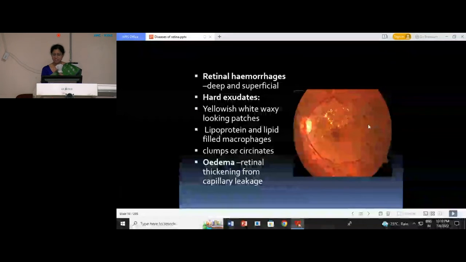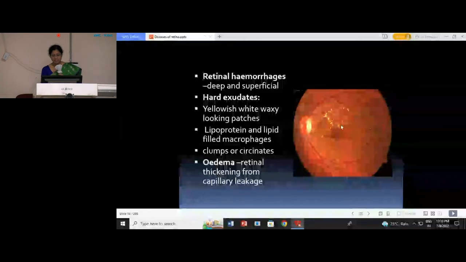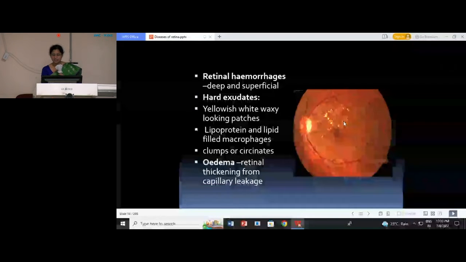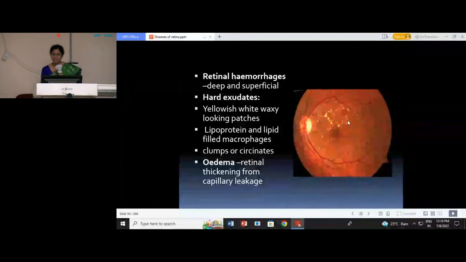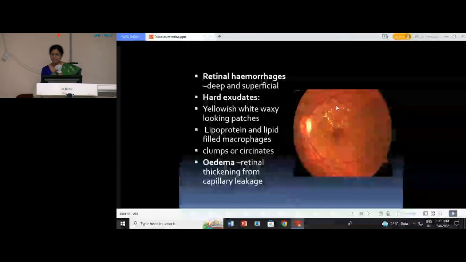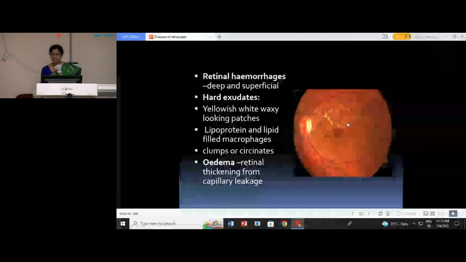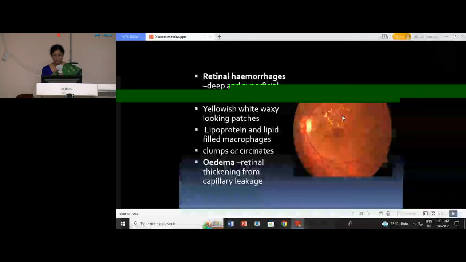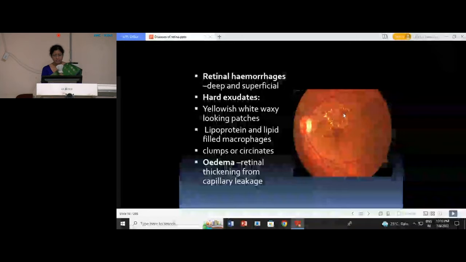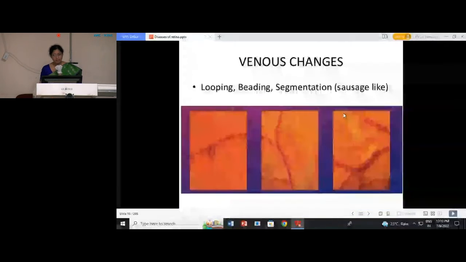They can occur as clumps, or they can be arranged as circinates, meaning they are arranged in a circular fashion. This is a hard exudate circinate, and at the center we find the microaneurysm, which is responsible for the leakage. Then the retinal edema.